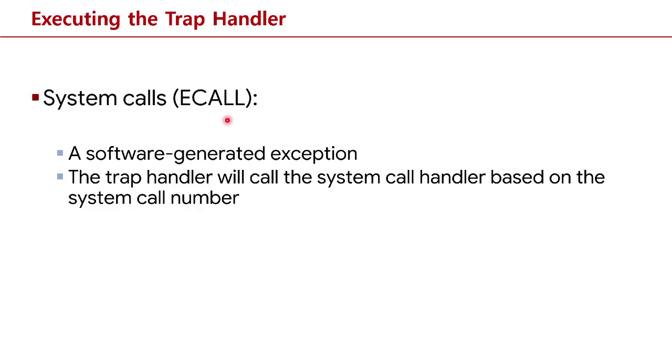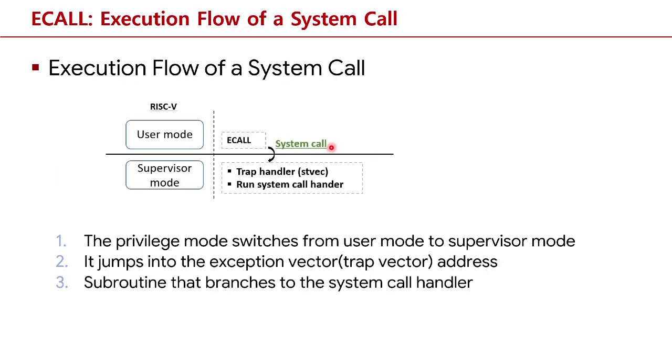When you run ECALL, you need to specify the system call number, and after ECALL, the trap handler will read the system call number using the A7 register, and then it will call the corresponding system call handler. This operation can be viewed using this kind of workflow.